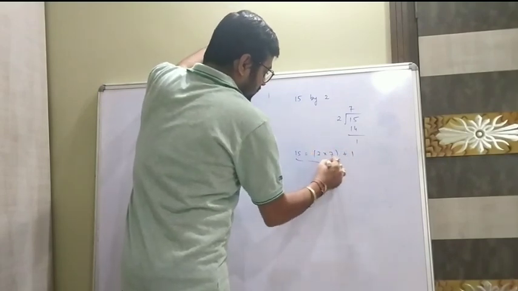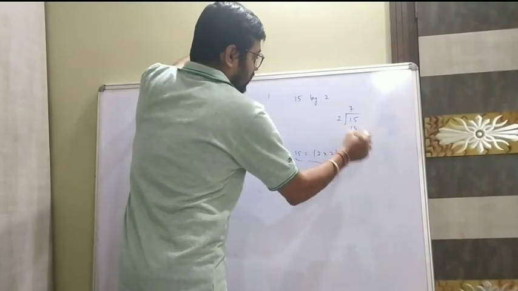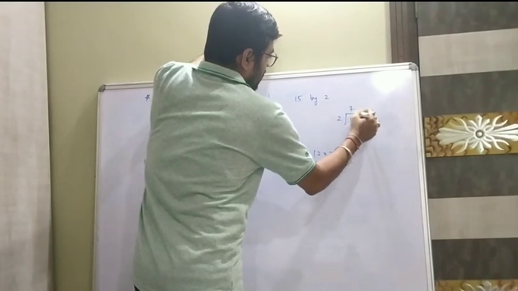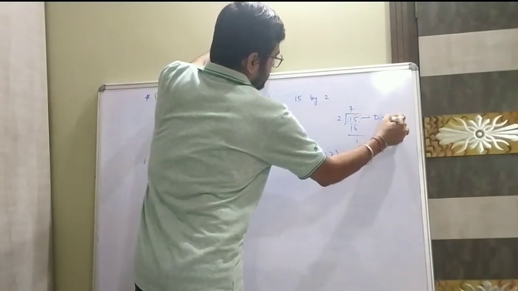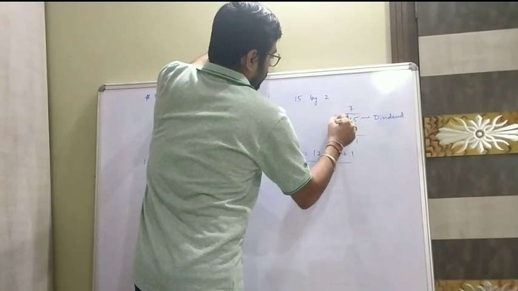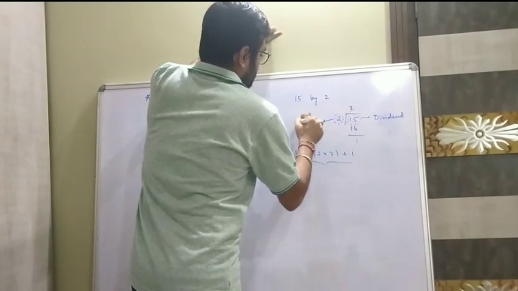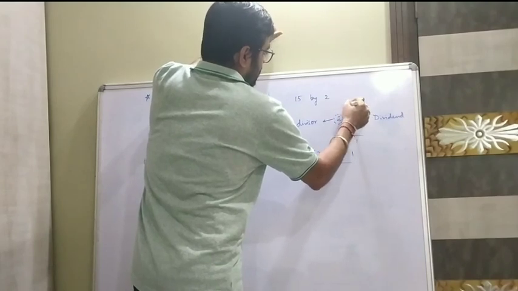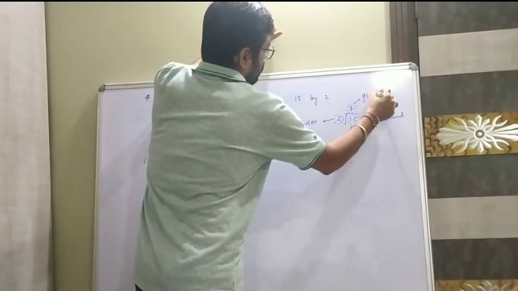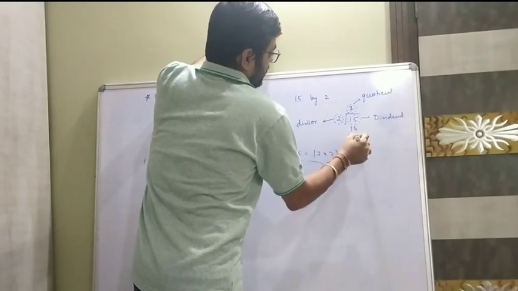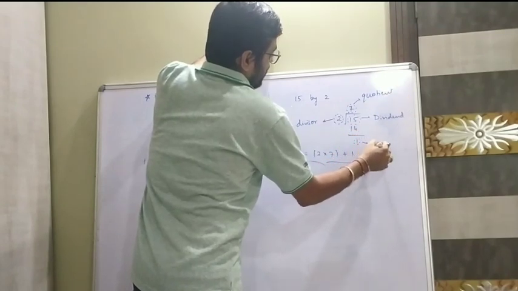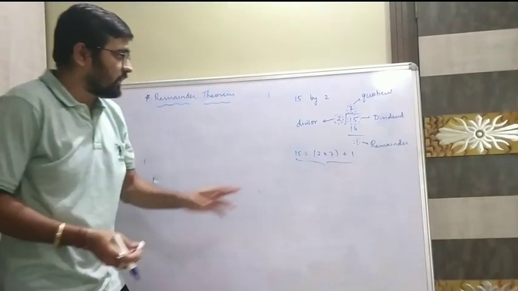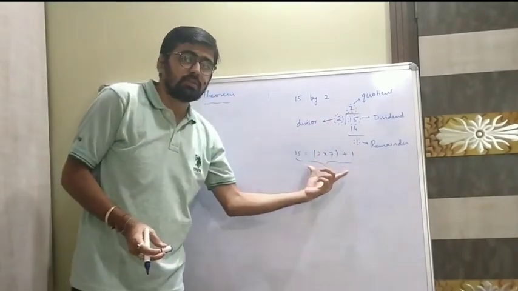Do you know what these particular values are called? We have understood that this particular number is called the dividend. Over here this is called the divisor, whatever you want to call it. This is called the quotient, and this is called the remainder. So I have written all these numbers in this manner.